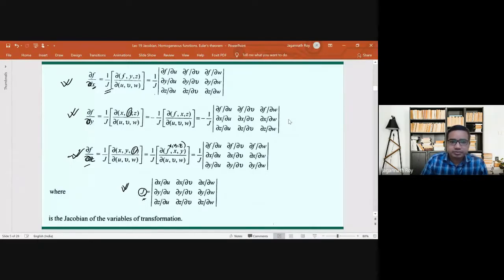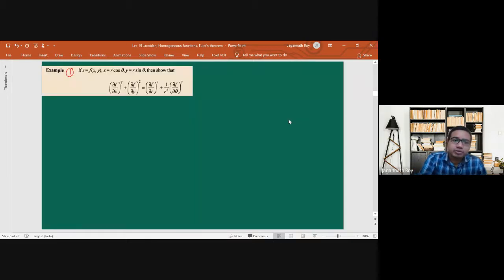This one is del of (u, v, w) over del of (x, y, z). Okay. So with this formula, we will go on to find out the next expressions.